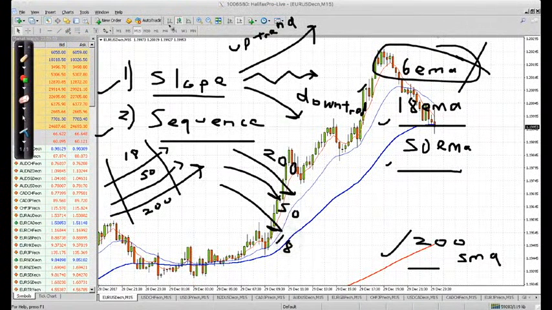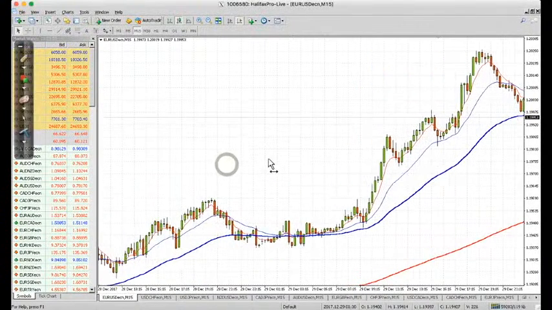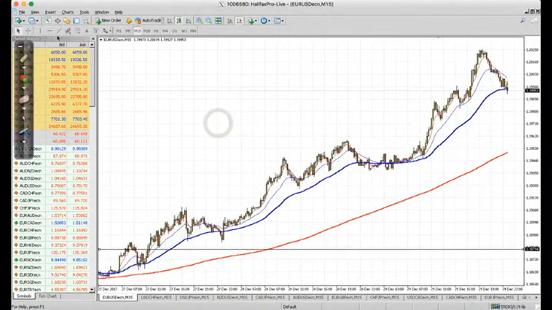So let's take a closer look at the charts to understand this concept. I'm looking at the Euro USD 50-minute candles, and you can see during this part of the chart, we are in a very, very clear uptrend. Why am I confident we are on an uptrend?